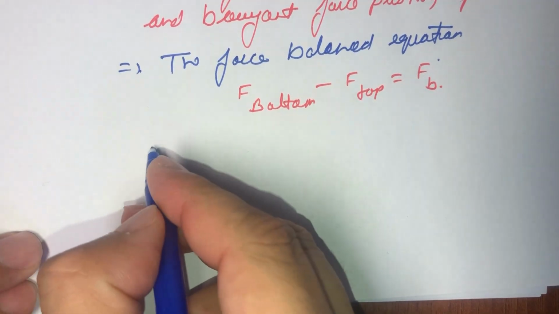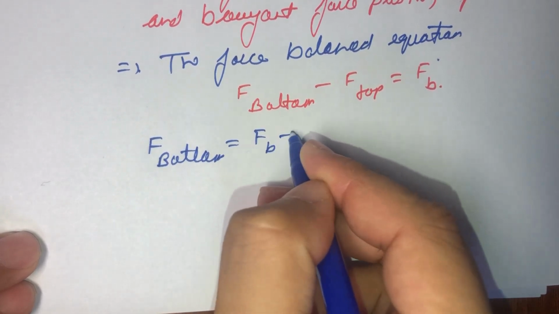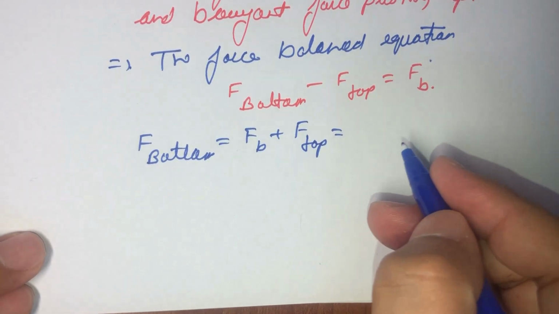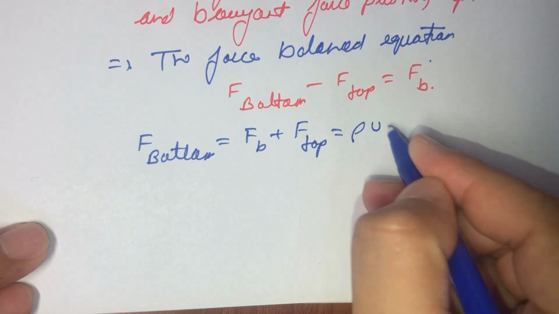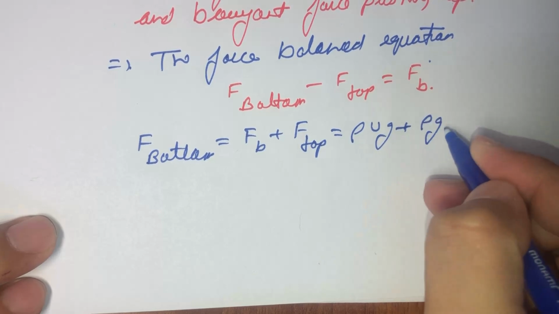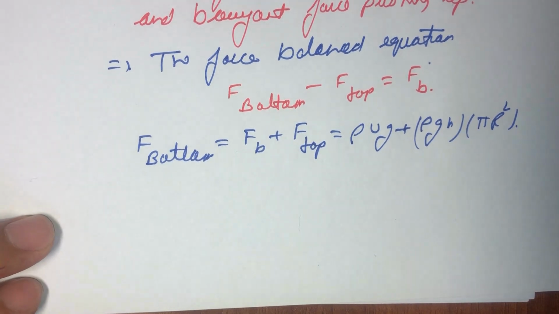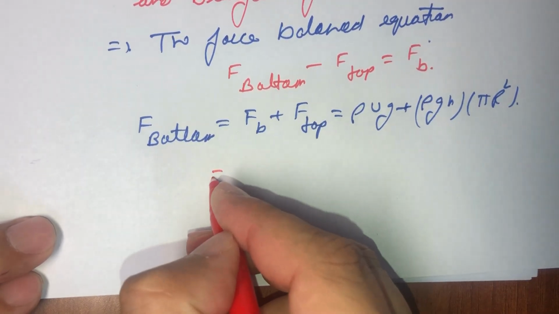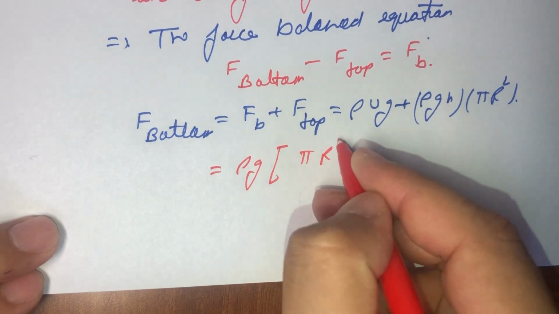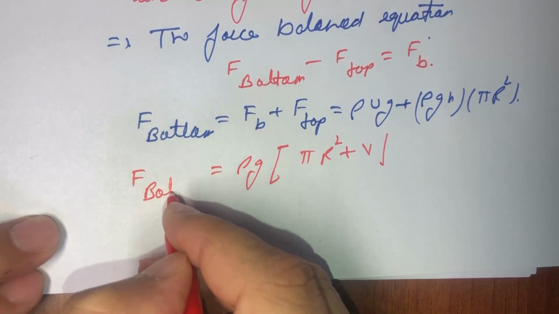So we get F bottom equal to buoyant force plus F top, and buoyant force is rho V g plus F top is rho g h multiplied by pi R square. Taking rho g as common, we get rho g times (pi R square h plus volume V), so this is our F bottom.